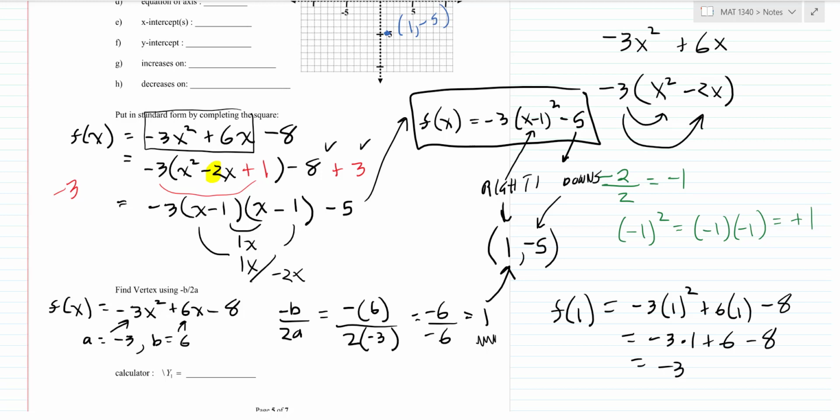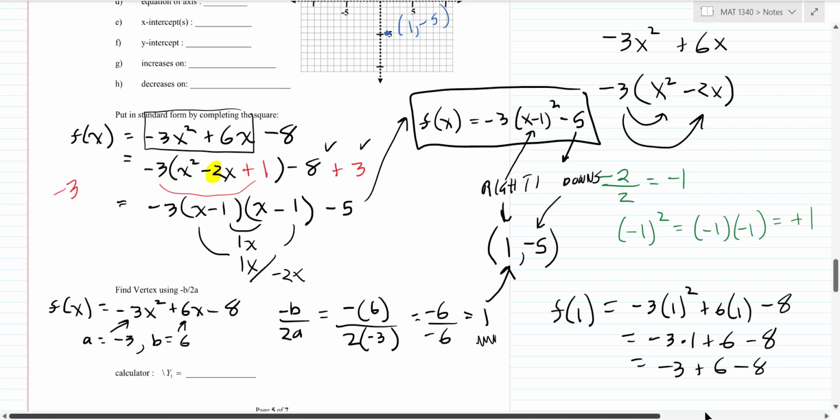Use your calculator if you need to. You probably shouldn't have to use a calculator on that. But if you did, that would be negative 5. And the negative 5 is what we got anyway. Okay? So negative b over 2a gives you a simple, fast way to find the x value of the vertex. Plug that x value into the function to get your y value like that.